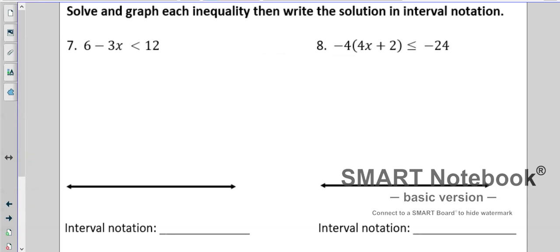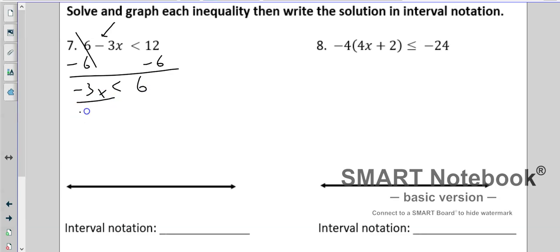All right, now we're going to do everything. We're going to solve and do the notation and graph it. Now notice, we have a negative number here in front of the x, which means we're probably going to end up dividing by -3. So I'm going to get rid of the 6 on both sides. That leaves me -3x is less than 12 minus 6, which is 6.